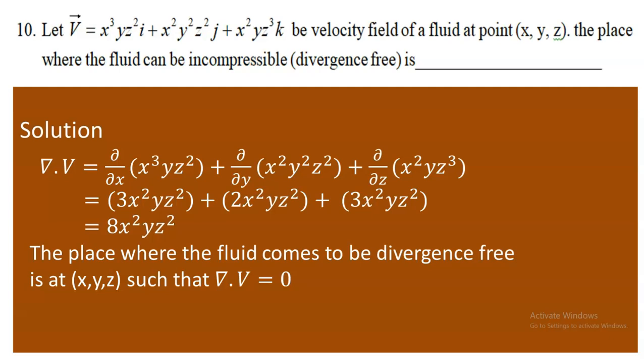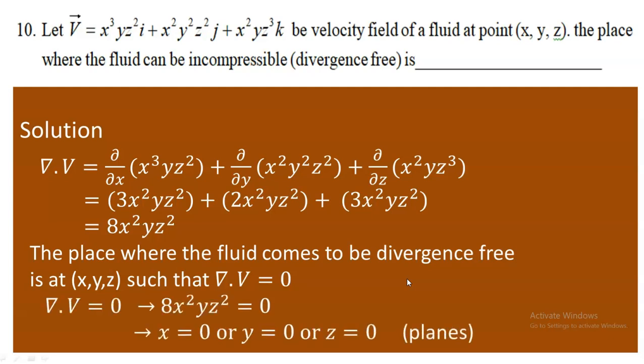So whenever the fluid is around the planes, the velocity field is divergence free. That is the idea. Okay, students, I hope you have understood this one. So this is 0 when either x is 0 or y is 0 or z is 0, and whenever the fluid is around the planes, the divergence free case happens.